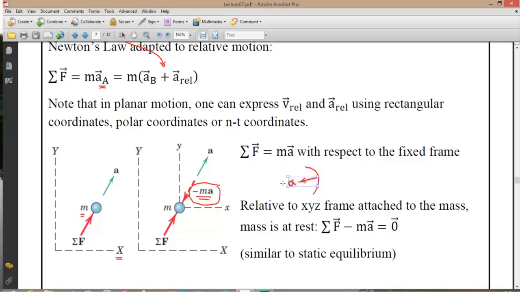However, how you feel inside the car while you're handling the steering wheel, what you feel is actually a force that is trying to push you out of this curved path, and this is actually equal to negative m times a, and this a is the normal component of the acceleration, by the way.